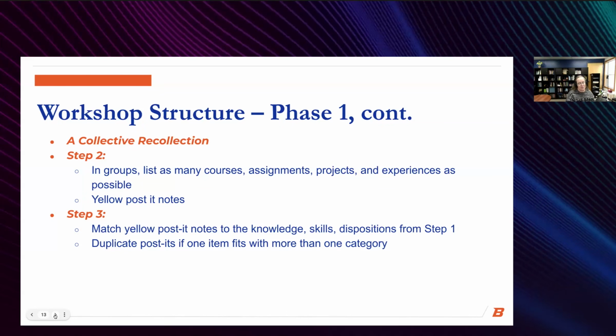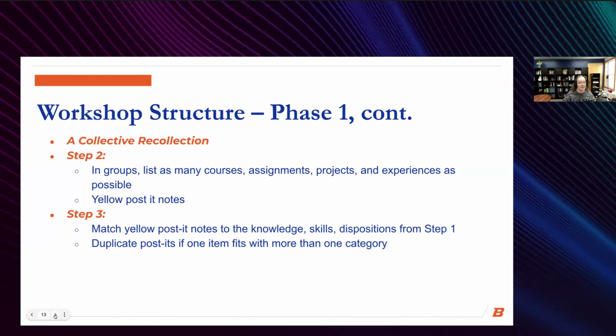And then during this process, the first thing that we do is that in their groups, we have them just list as many courses as they remember taking. Our major is not very large, but we have them actually name the courses that they've taken. And then within each of the courses, we have them think about significant assignments, projects, and experiences from those courses.